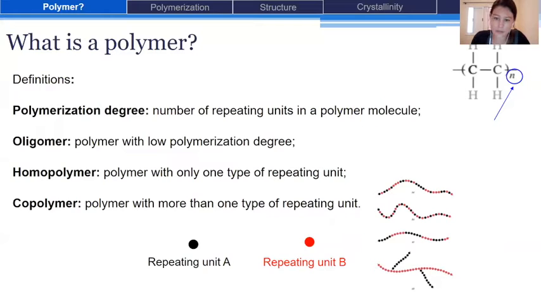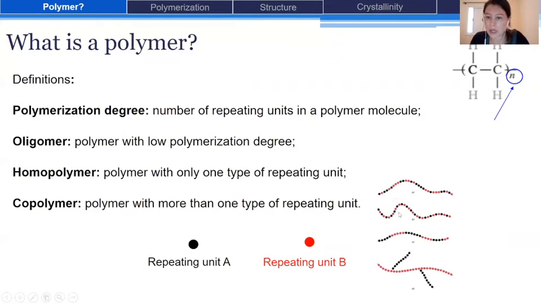Here you have some molecular organizations of a copolymer, with a repeating unit A represented in black and repeating unit B represented in red. And you can see that you can have different sequences of these A and B units.